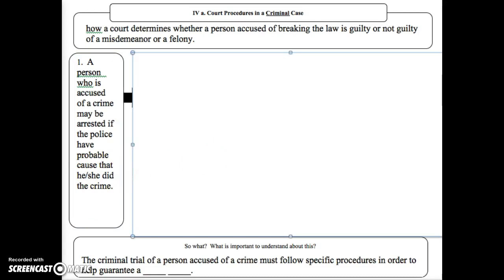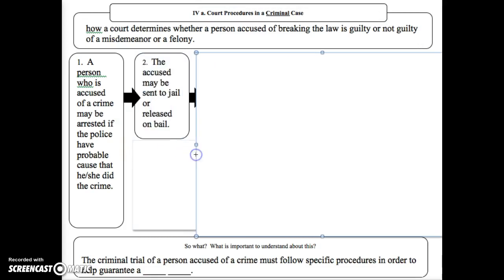Now remember, probable cause is a reasonable suspicion that someone has committed a crime. Even if you have this reasonable suspicion, this probable cause, you still have to go through all the steps of the criminal case. So with that in mind, let's take a look at the second step.